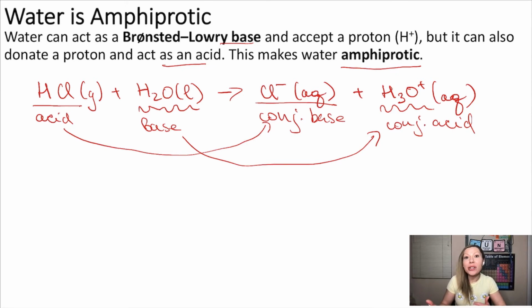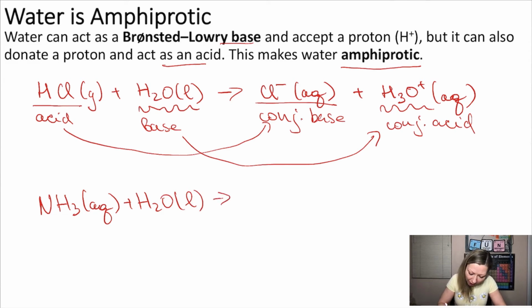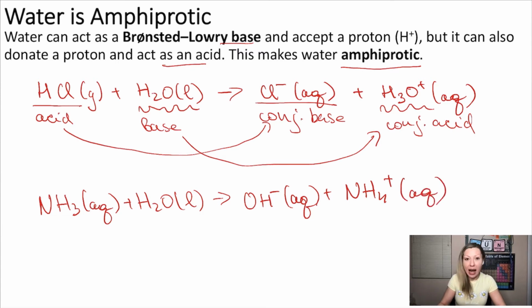Now, what happens when we mix water with a base, for example, ammonia? NH3, aqueous, plus H2O liquid, we are going to form OH- aqueous plus NH4+ or ammonium ions.